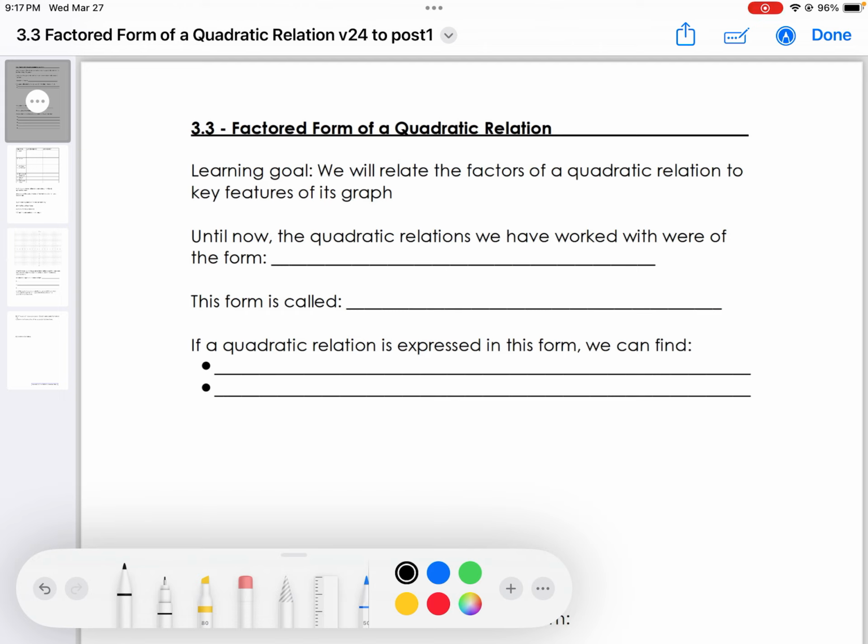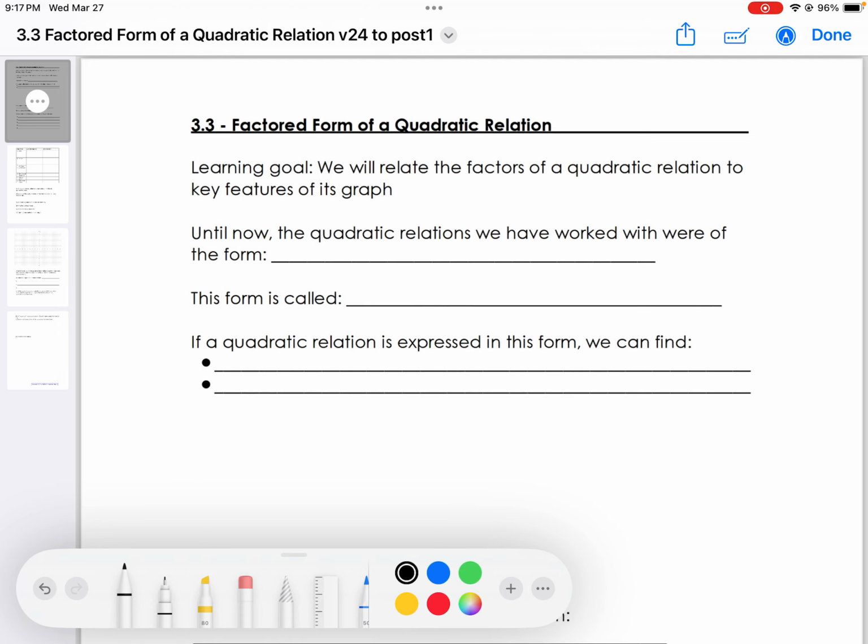All right, so we already have worked with quadratic relations in the form y equals ax squared plus bx plus c, and we call that standard form.